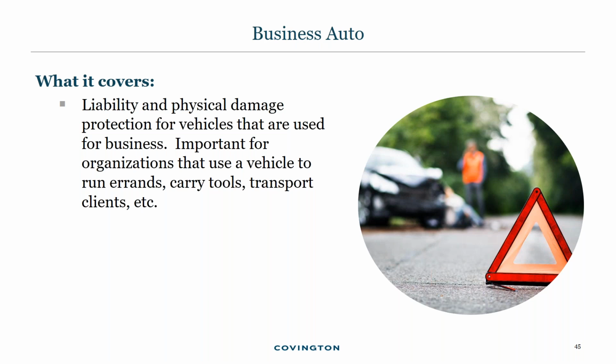Business auto insurance can be tailored to the needs of your organization. So, for example, if you have a vehicle that you use primarily for business purposes, you can secure business auto insurance to cover any employees and volunteers who drive that vehicle for business purposes. Let's say, on the other hand, the nonprofit itself does not own a vehicle, but you have a bunch of employees who use their personal vehicles for the nonprofit's business.